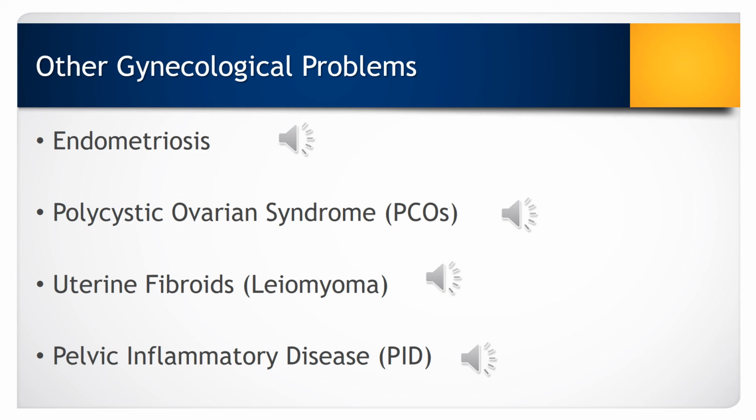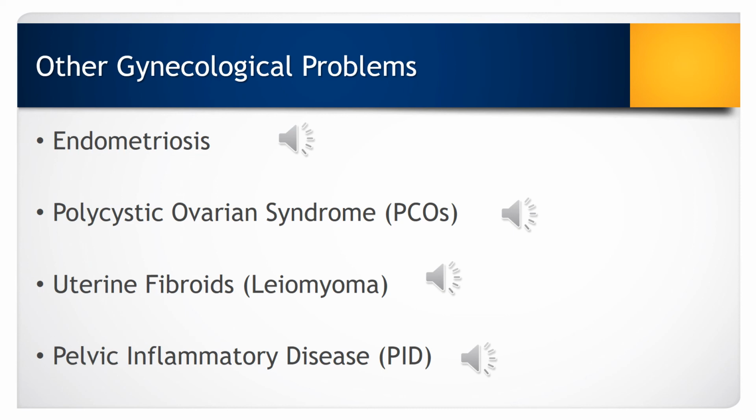Treatment for uterine fibroids ranges from laser surgery to what we call myomectomies, in which the actual benign tumor is removed from the area.